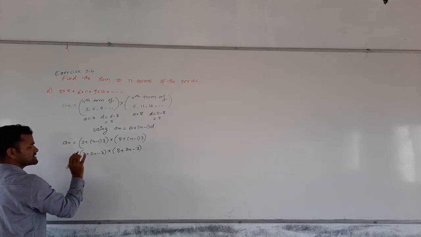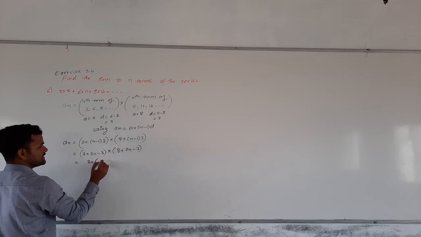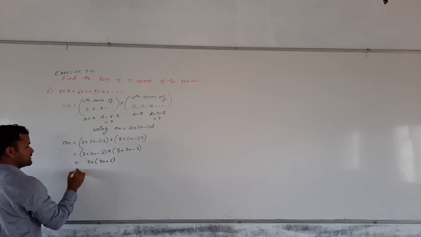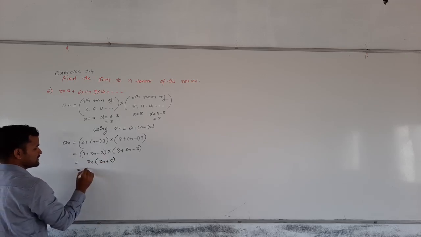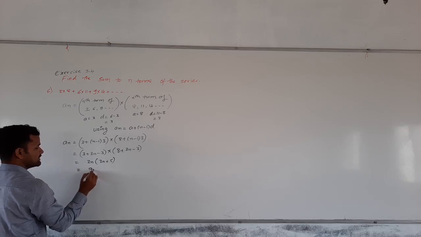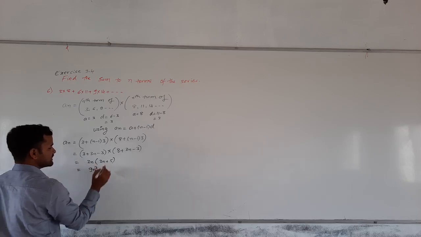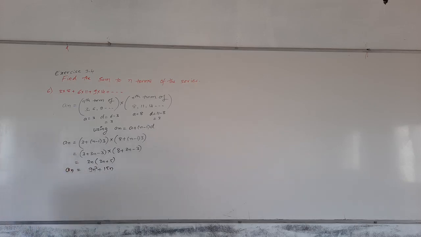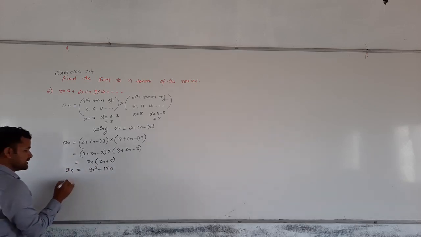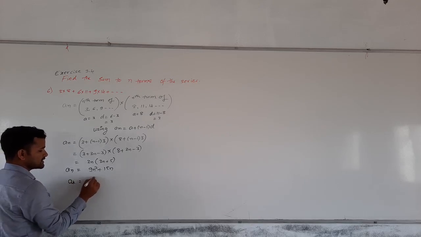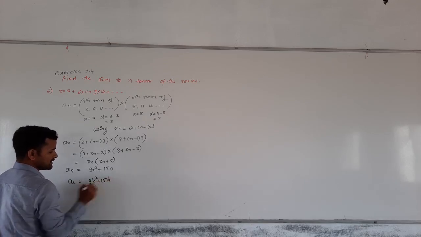The 3 minus 3 gets cancelled, giving 3n into 3n plus 5. Now 3n gets multiplied with these two: 3n into 3n is 9n square, plus 3n into 5, 15n. We got the kth term Ak is equal to 9k square plus 15k.